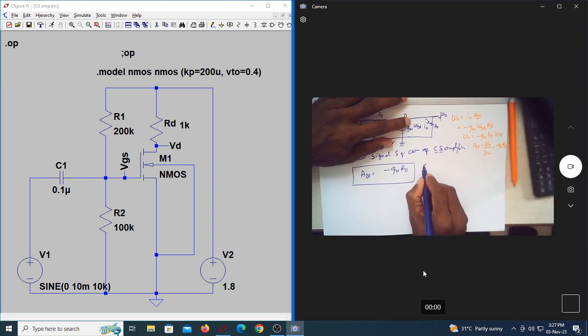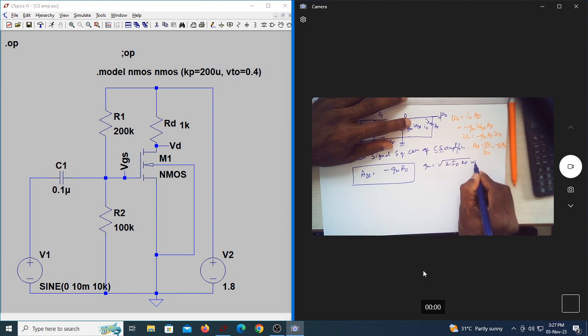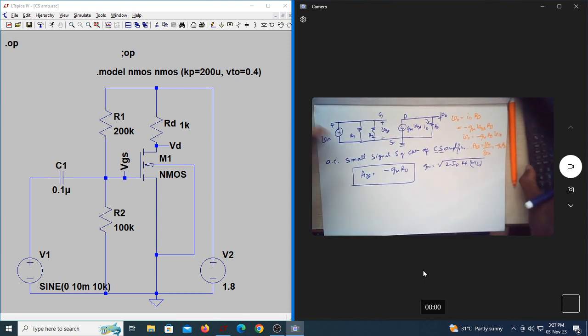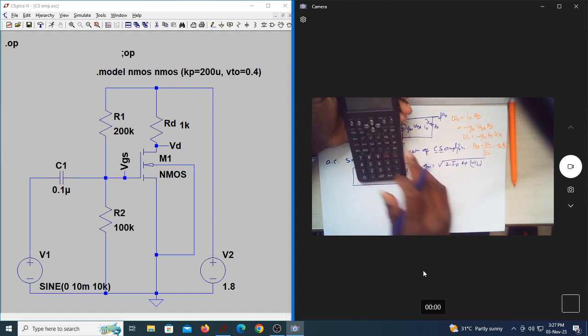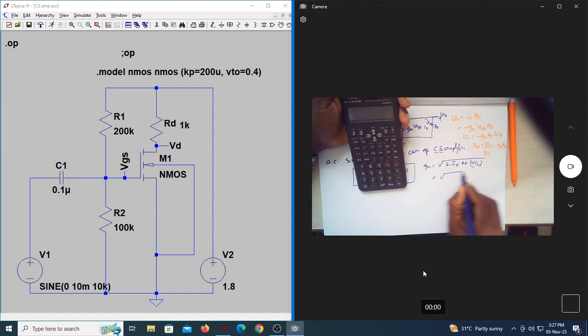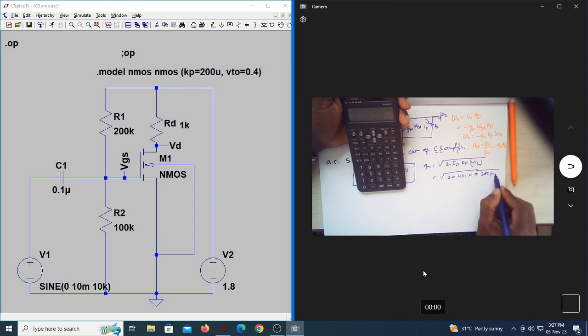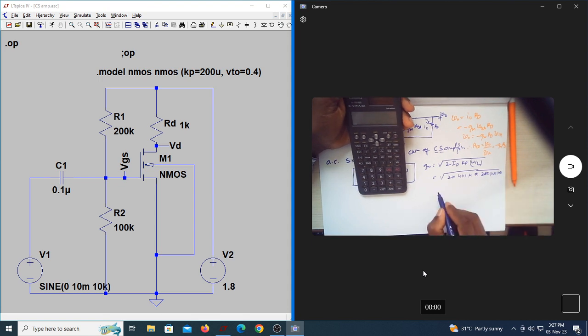So GM as per our calculation is square root of 2 ID Kp W by L. So as per our earlier yesterday's calculation, this should be 4 millisiemens, which is actually 2 into 400 micro into 200 micro into 100. So this should be 4 millisiemens.